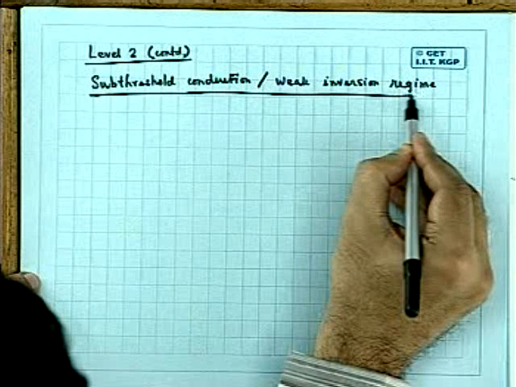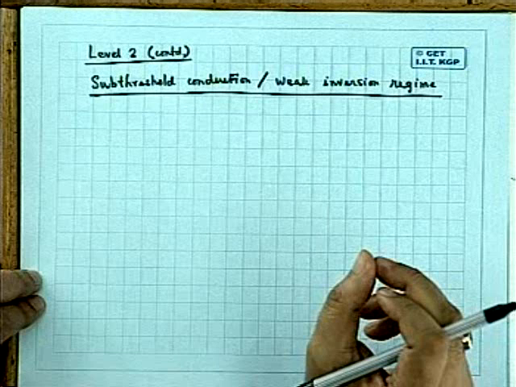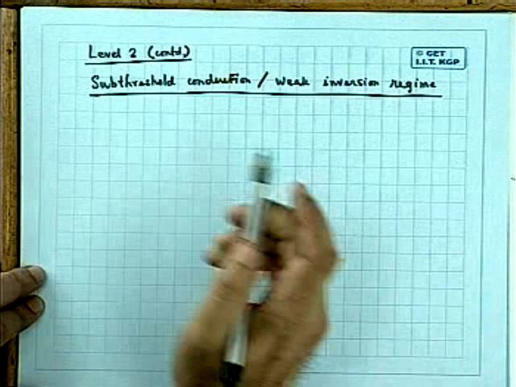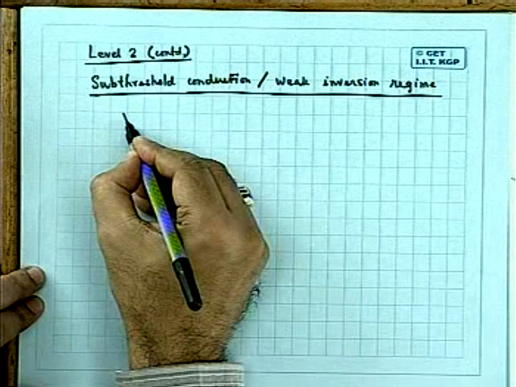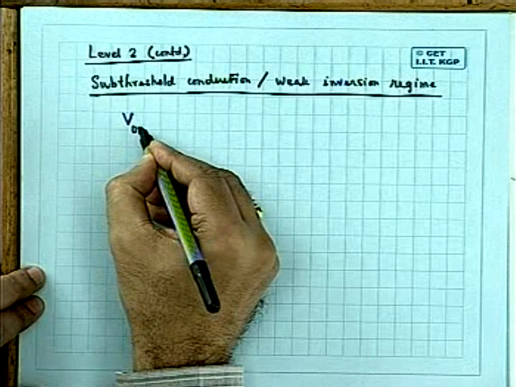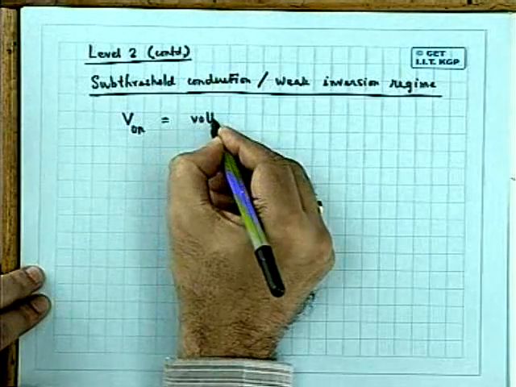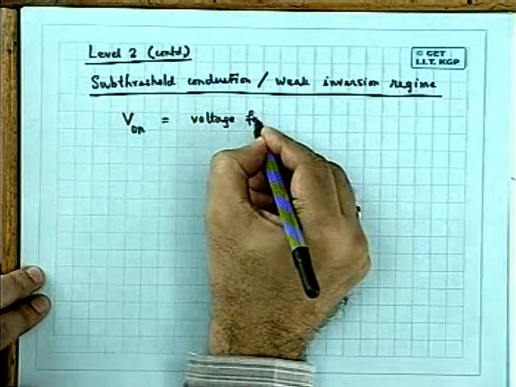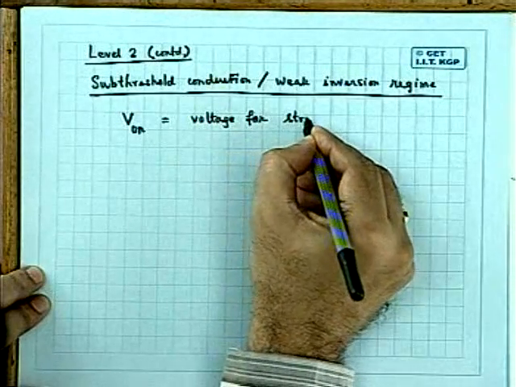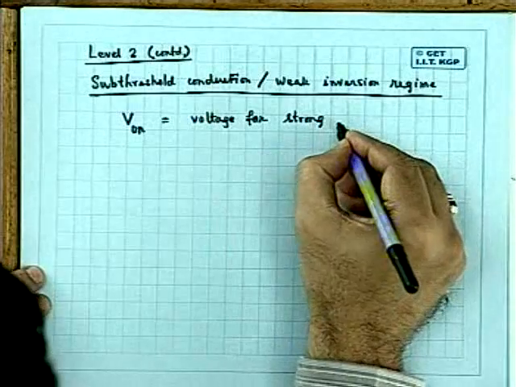Now, to consider the weak inversion, we define a voltage, we call it VUN. This is the voltage for the onset of strong inversion. VTH is the threshold voltage for the onset of inversion. But we define VUN, a voltage for strong inversion.